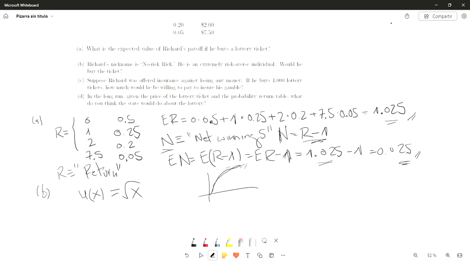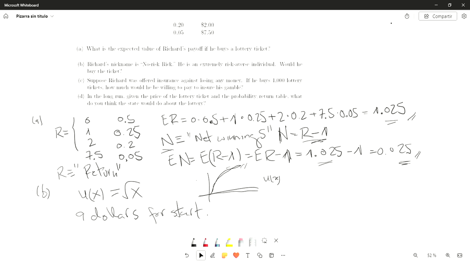So this would be our utility, u of x. Any function of this form will work. And we are going to assume also that his starting point is having his original money of $9.